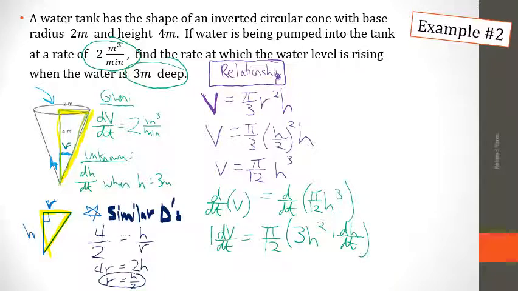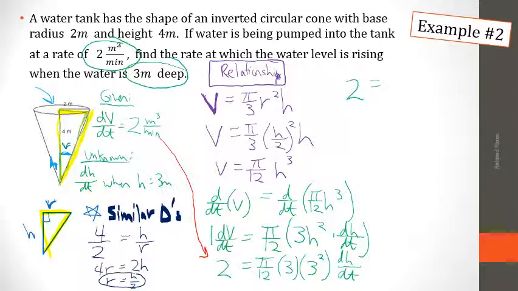Now we can fill in what we know. We know that dV/dt is 2. So 2 equals pi over 12 times 3 times, since we want to find dh/dt when h is 3, 3 squared dh/dt. So we get 2 equals 27 pi over 12 dh/dt.